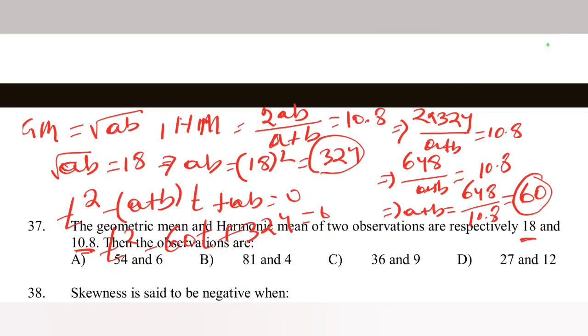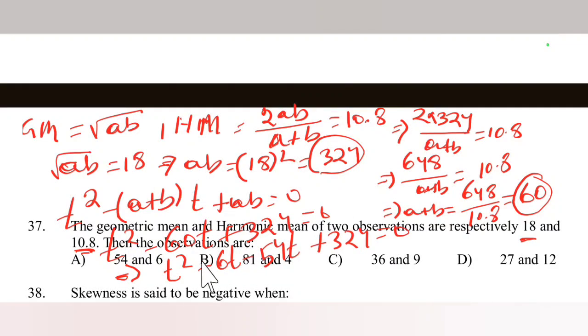So by factorizing we find out the value of this. So t square minus 60t, we can split as minus 6t minus 54t, plus 324 is equal to 0.